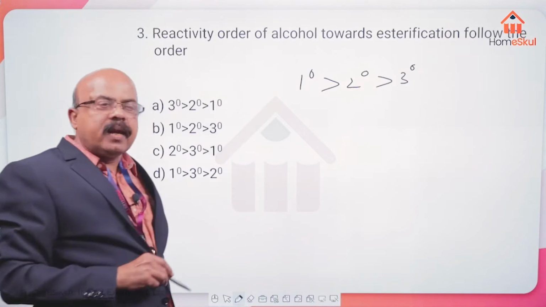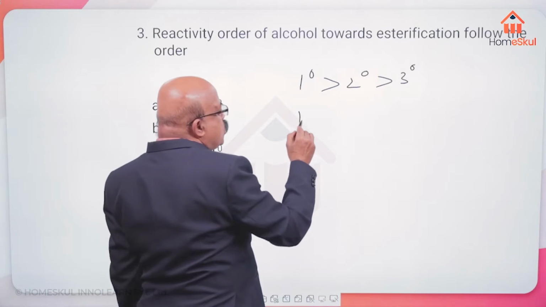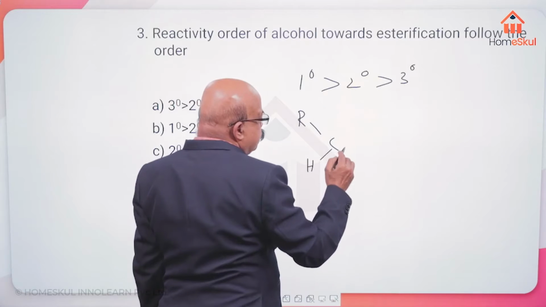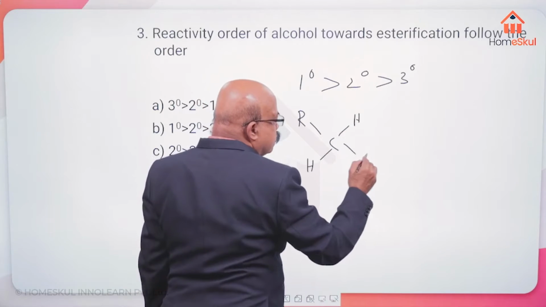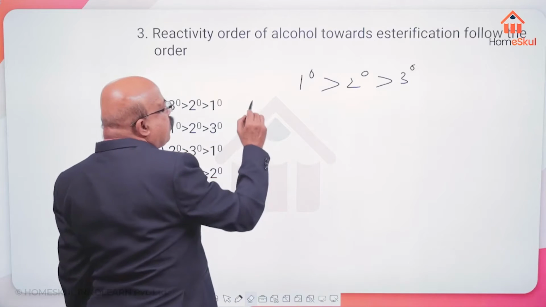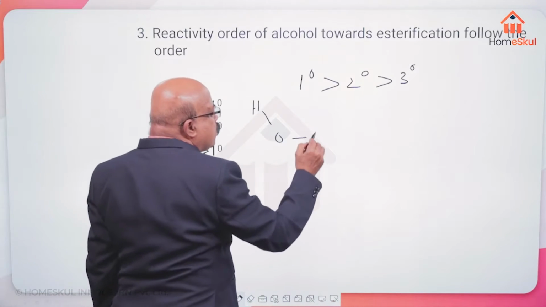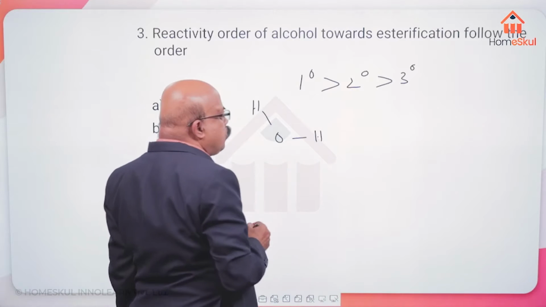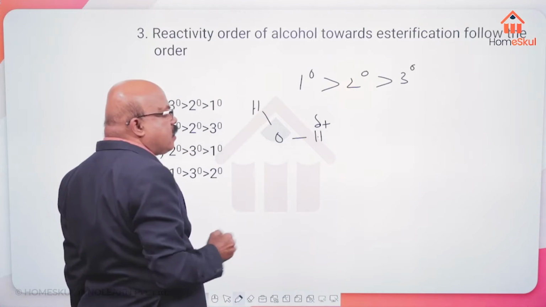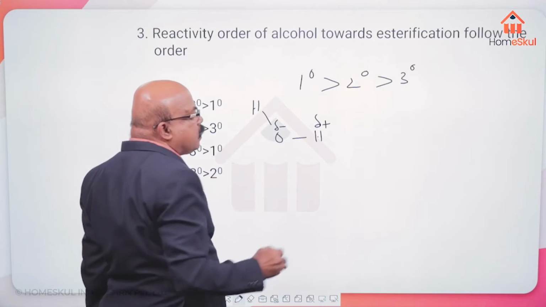Do you know the reason? Compare the polar nature with water, HOH. There is an O-H bond, and it is polar. Here there is a partially positive, electron deficient hydrogen, and here there is a negative charge.